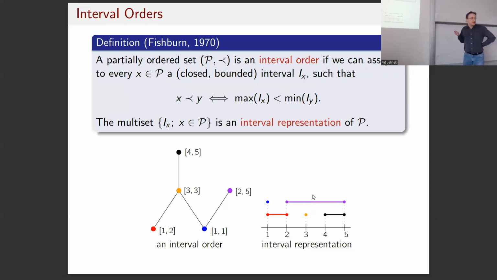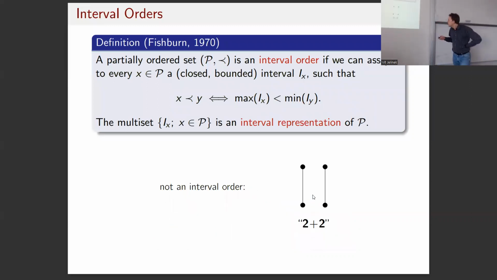Not every poset is an interval order. Here's a picture of a poset that isn't. This is the so-called 2+2 poset consisting of two disjoint chains of length 2. And you can easily convince yourself that there is no way to assign intervals to these four elements to make it an interval order.